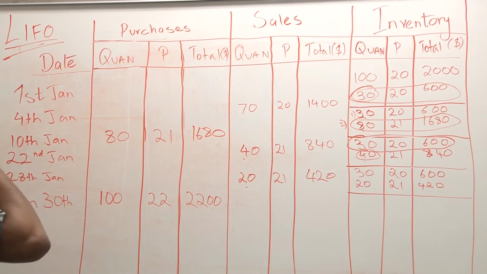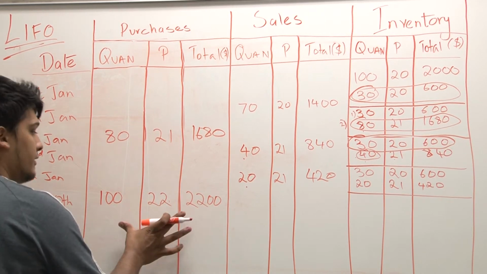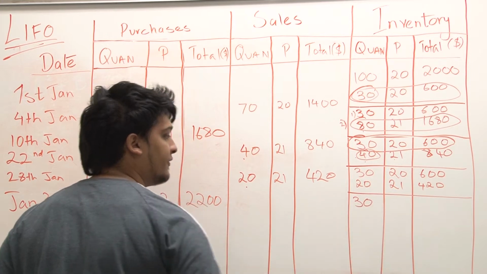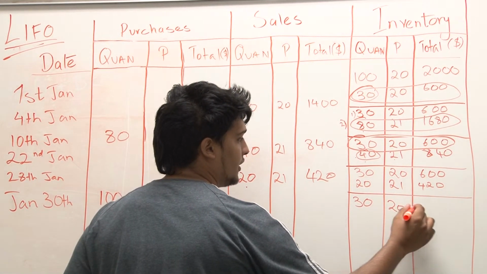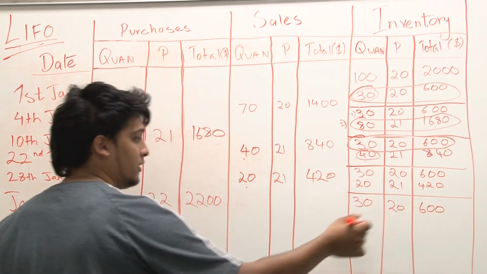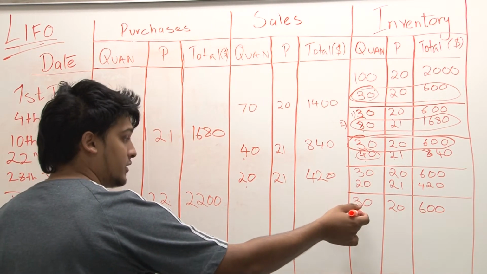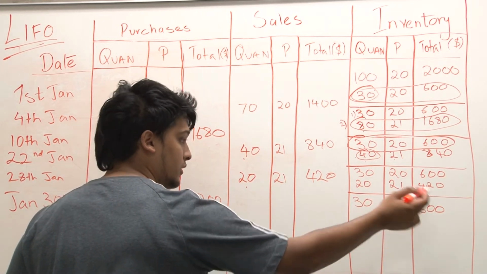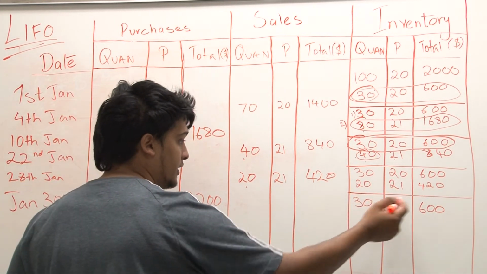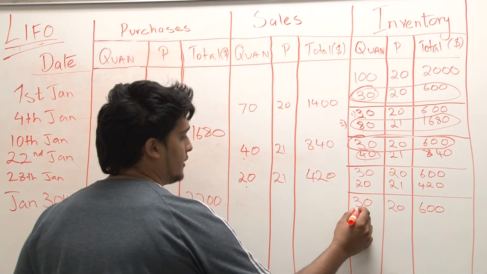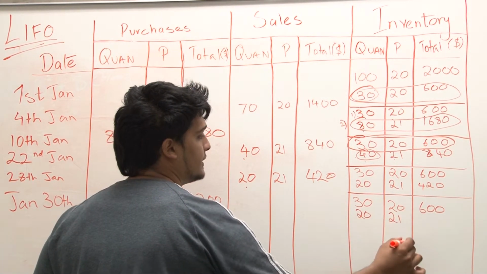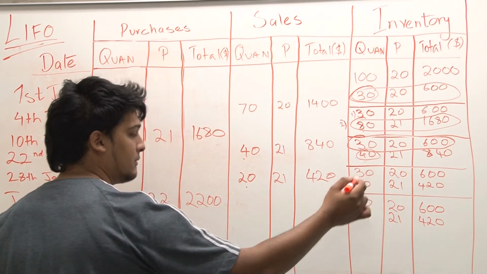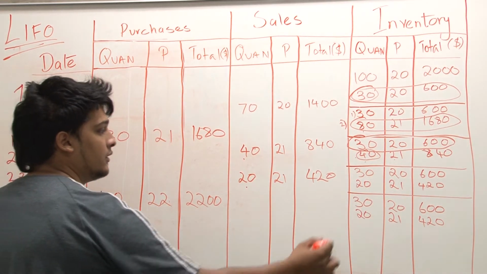Now, he has stopped coming to me, and I'm going to add my purchases into my account, which means I have cameras. I have my first stock, which says 30 cameras stocked at a price of 20 each, and 600, and the remaining stock was 20 multiplied by 21, into 420.